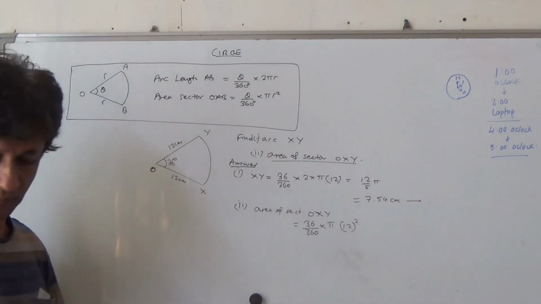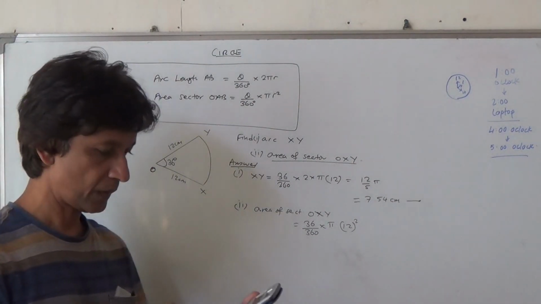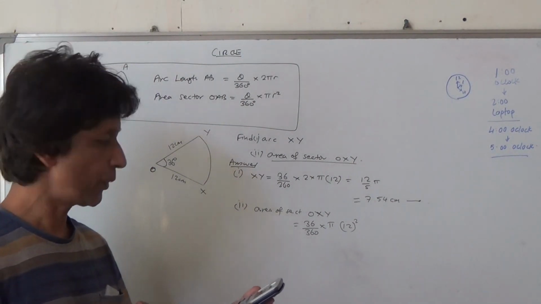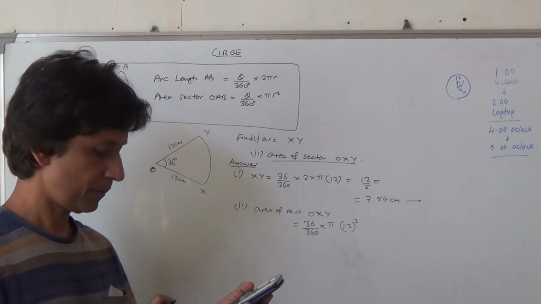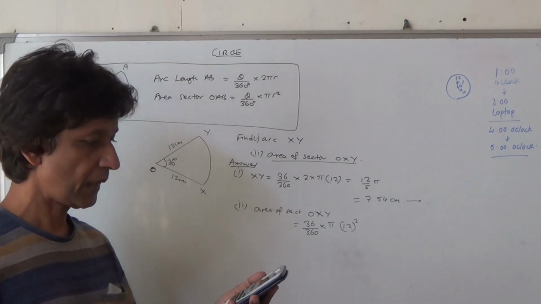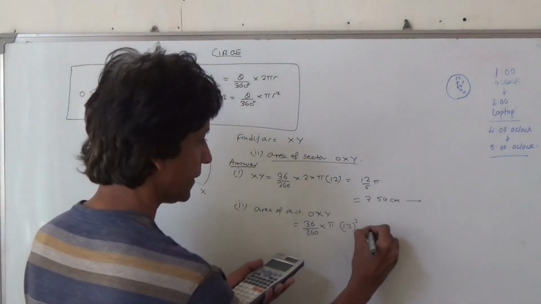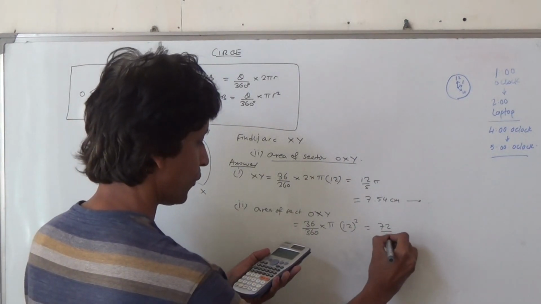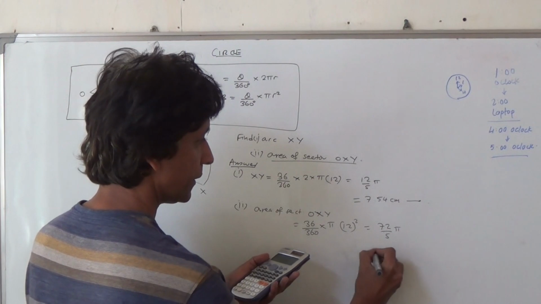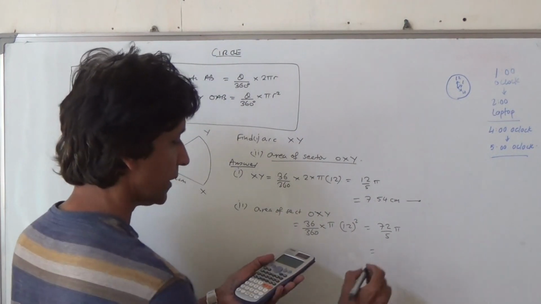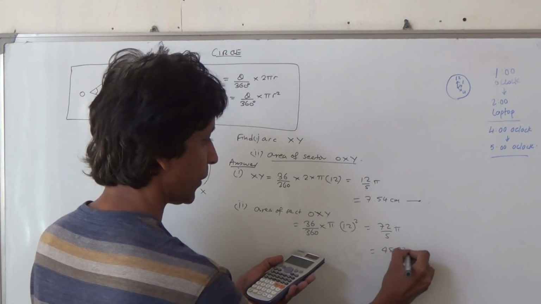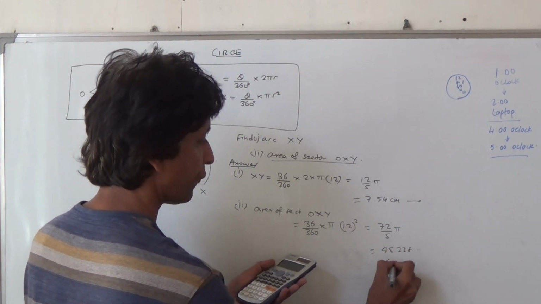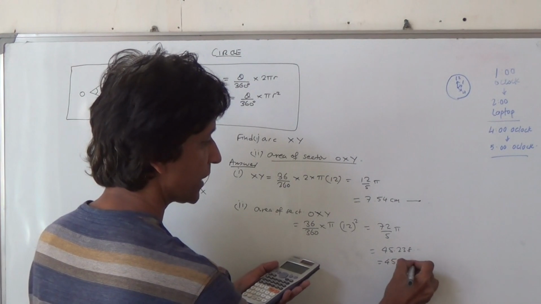Again we use our calculator, and we are looking at 72 over 5 pi. This translates into 45.238 and so on. I can say 45.2 centimeters squared.